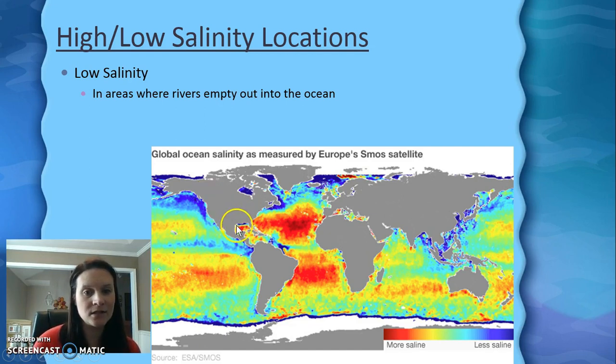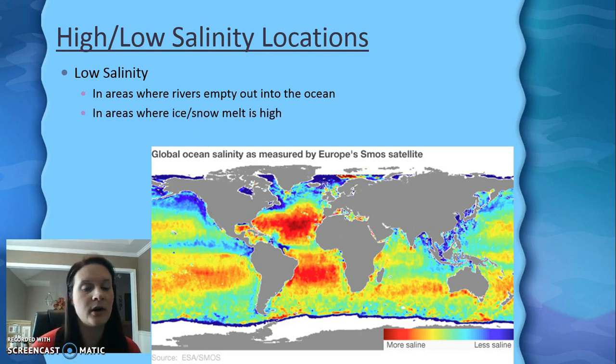They're going to be less salty. For example, consider the Mississippi River flowing about right here and emptying out here. Notice that little bit of blue section on the map. Right there is where it's emptying out, and so that would be a slightly less salty place.